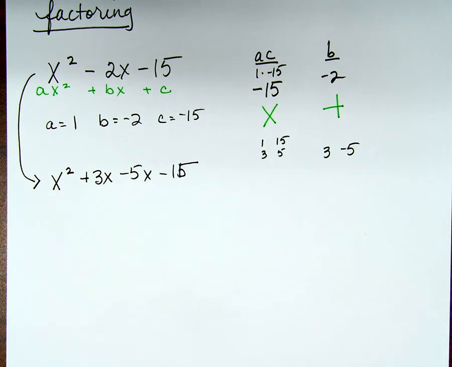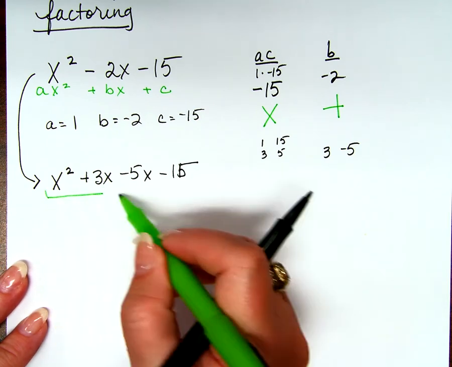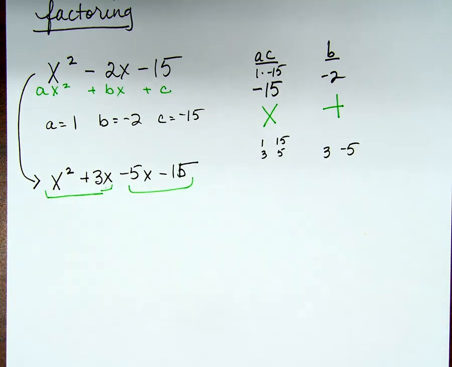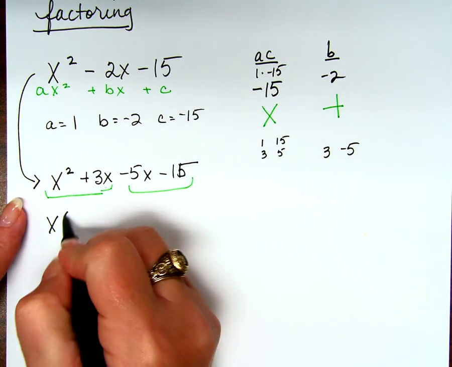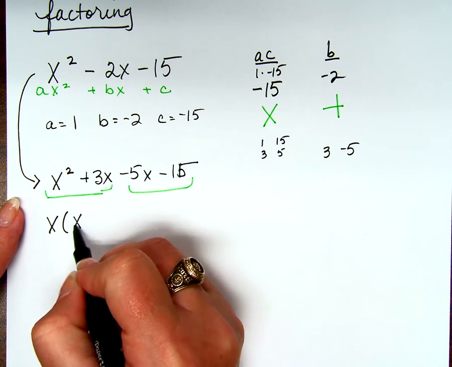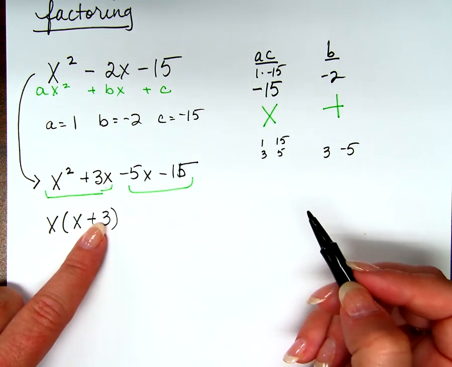Oh, grouping. This is the one you guys were so good at yesterday, right? Group them. These and these. What's common in the first two? If I factor out an x from the first two, what do I have left? X plus 3. What's common in the last two?